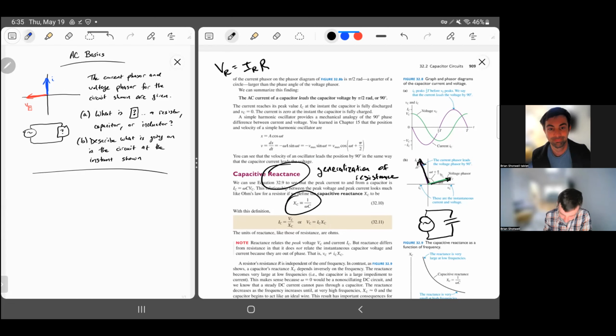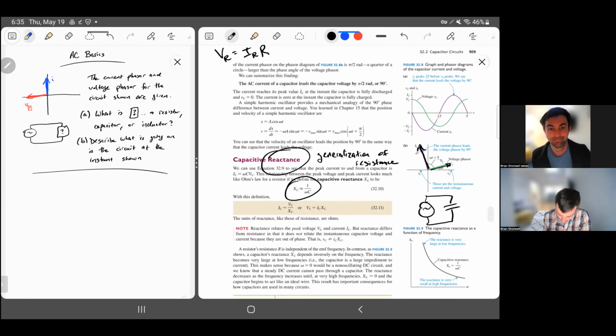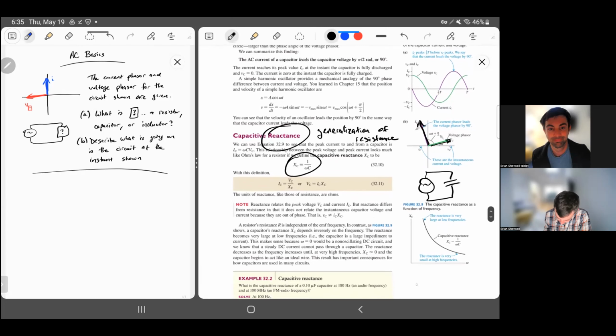X sub C is this right here. And so that I don't have to scroll down a bunch, the X sub L is omega times L. It turns out that these have units of ohms. Omega is in radians per second, which is 1/seconds, and then C is in farads. So if you took 1/seconds times farads, and then took the reciprocal of that, you get ohms.